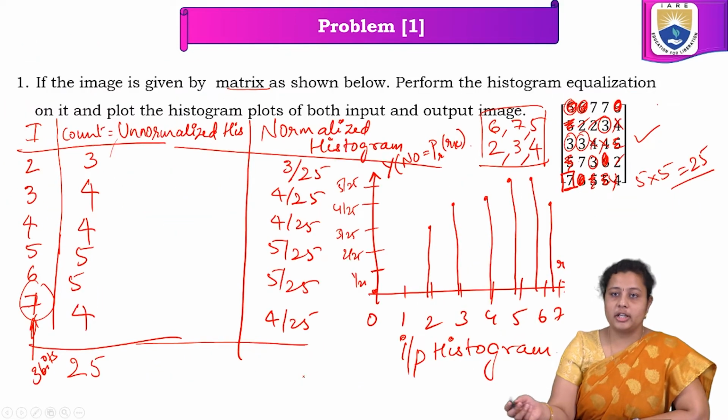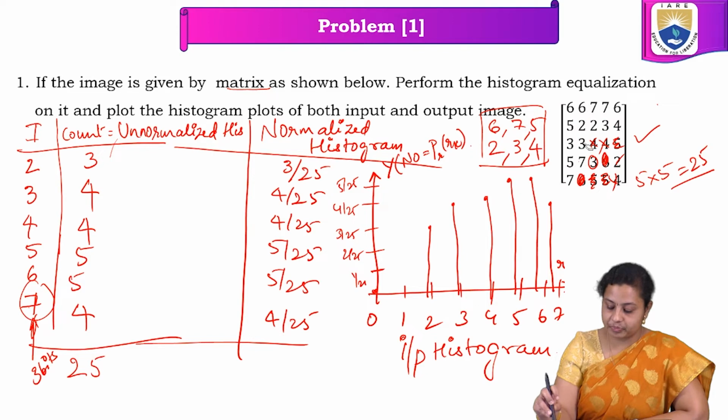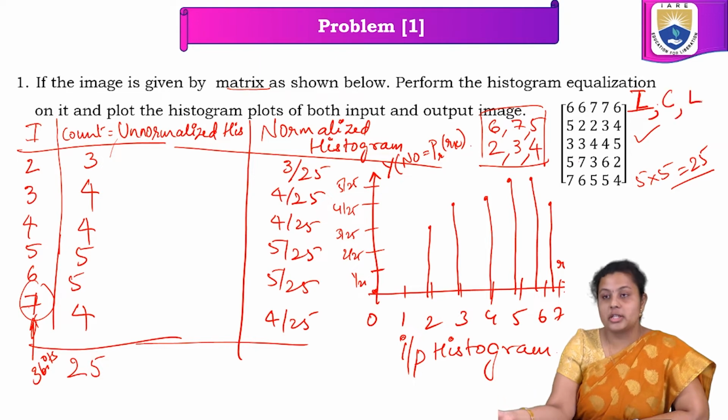Right? So basically what did we do from here is, we have the image. The first step, when we have an image and want to do the histogram calculation, is to find out the possible intensity values, their count, and what L is, for calculating my output histogram.